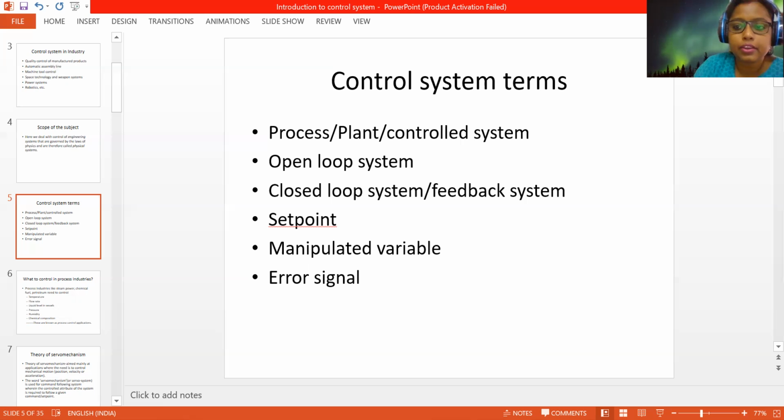This controller cannot directly act upon a particular process. So it has to be given to an intermediate block which will act on the process. This intermediate block is known as the final control element.